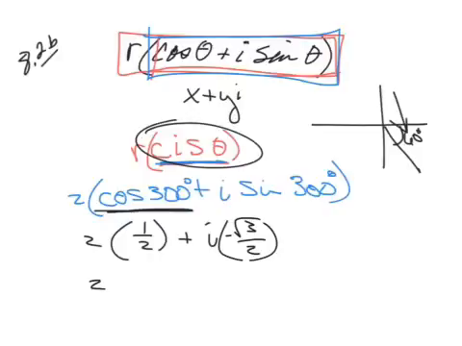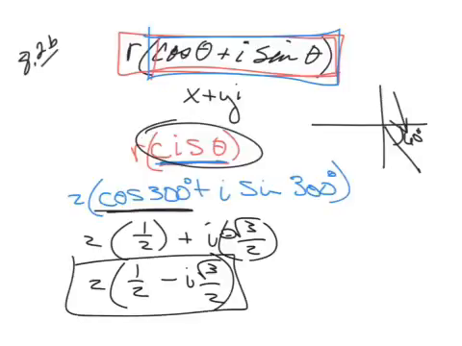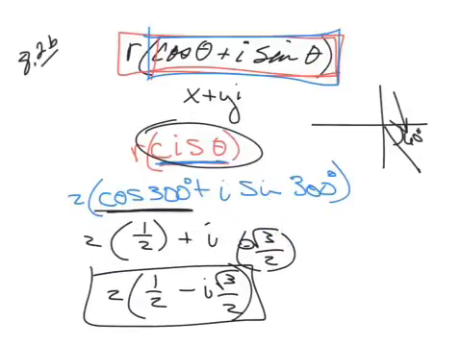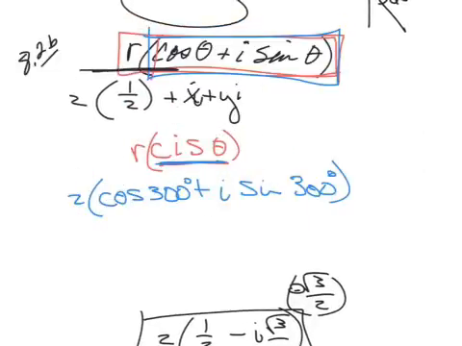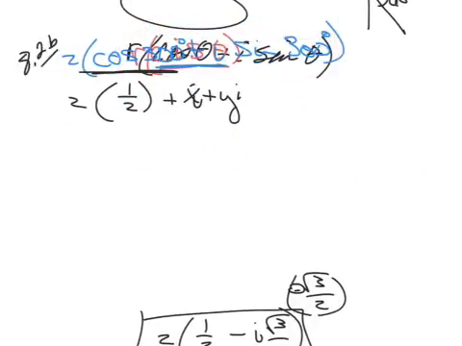So we can write this as 2 times 1/2, and that minus there, we'll just make that right there, i square root of 3 over 2. Alright, so all we did is plug the numbers in. Now what we're going to do is simplify that. So let's move that up a little bit. Yeah, I can move some of this up out of the way.